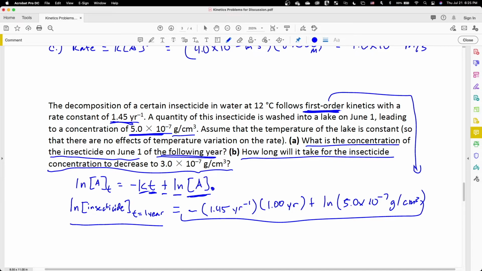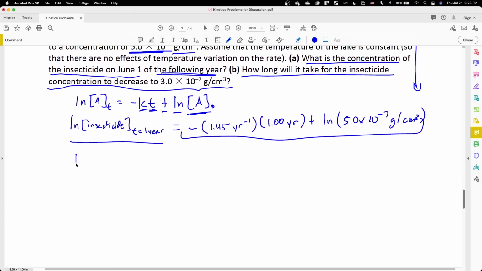I need to move up a little bit here, running out of room. So the ln of the insecticide at time 1 year equals, again, negative 1.45, times 1, which is just the same number again for the 1 year, plus negative 14.51.